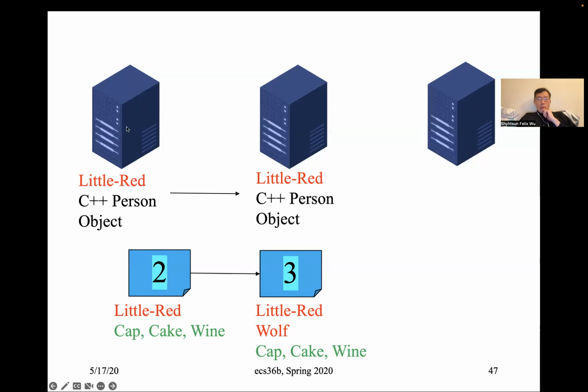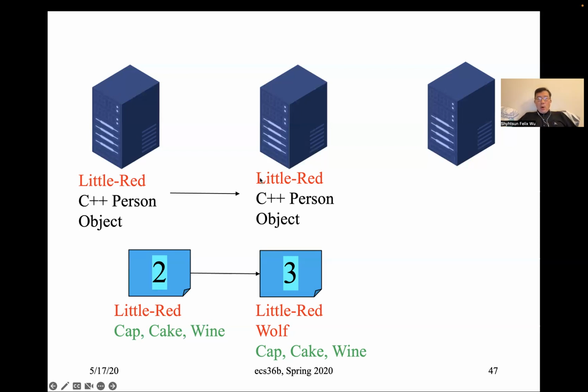So the transition between record number 2 and record number 3 is really to move this C++ person object from HW5 home to the middle program, which is HW5 forest.